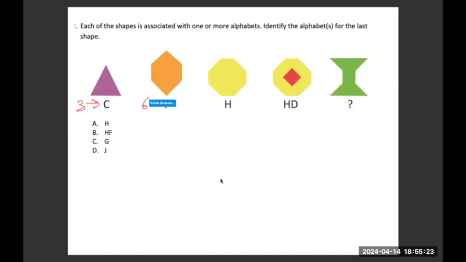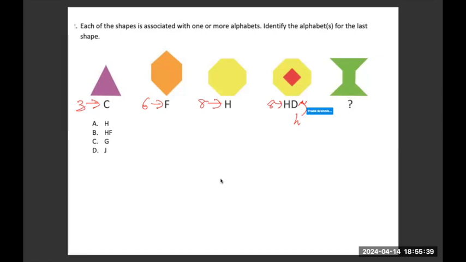A six-sided diagram is annotated by the letter F. An eight-sided diagram is annotated by the letter H. And a four-sided diagram is annotated by the letter D.